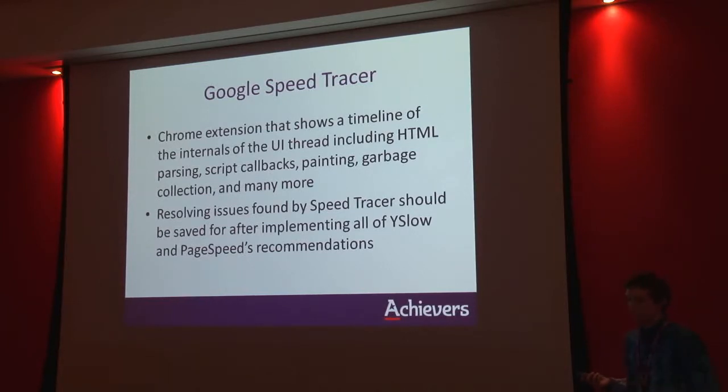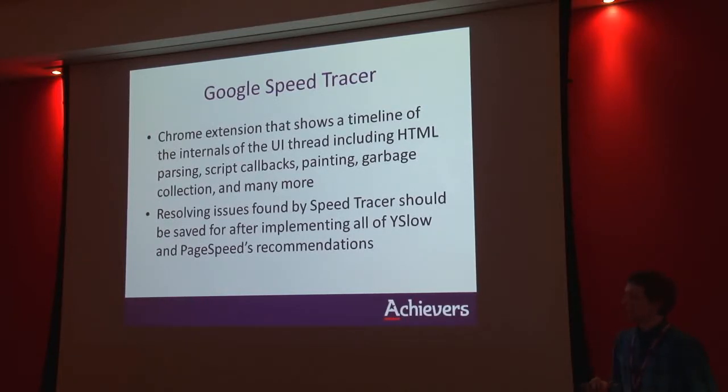It's a Chrome extension that shows a timeline of the internals and records UI events as they occur in your page, and gives you a timeline of how sluggish, in terms of resource constrained, the UI thread is. It's pretty cool.